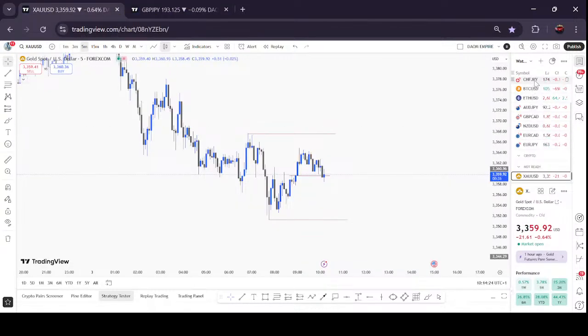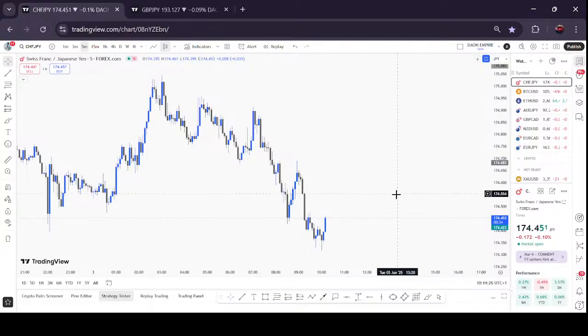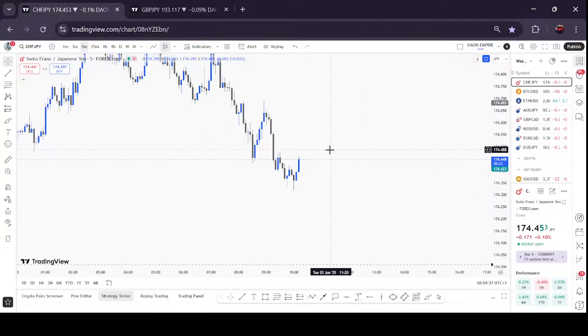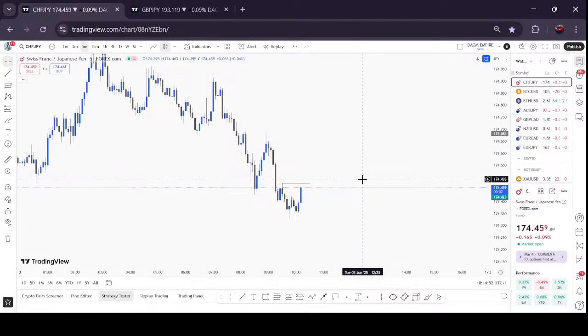Let me check CHFJPY. Can you take out this high? Okay, CHFJPY too might get a sell, anything above this line.